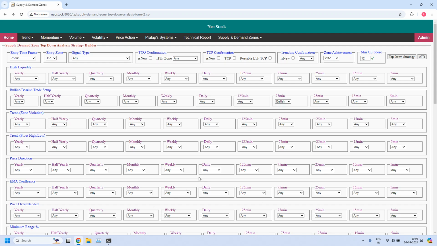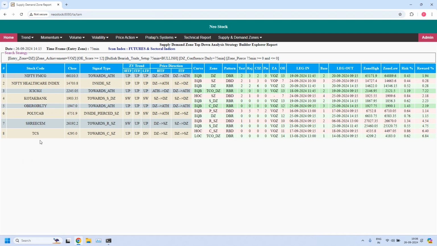So let me show you once again the report. These 8 stocks are 75 minute zones. And also they have daily and 75 minutes zone confluence. That means the 75 minute zone is a part of the daily zone. So we need to check daily EMA, because daily is ITF.